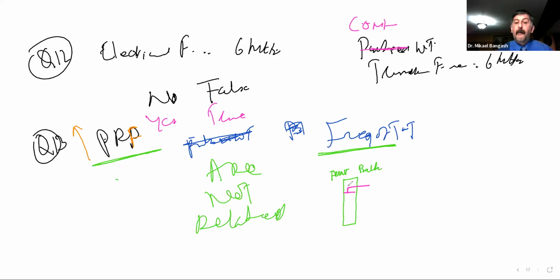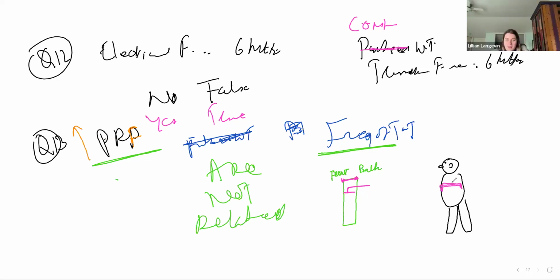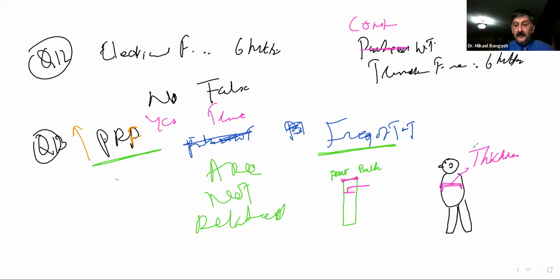Front to back of the PCT, what is this dimension going to be? Thickness? Yes, that's the thickness.